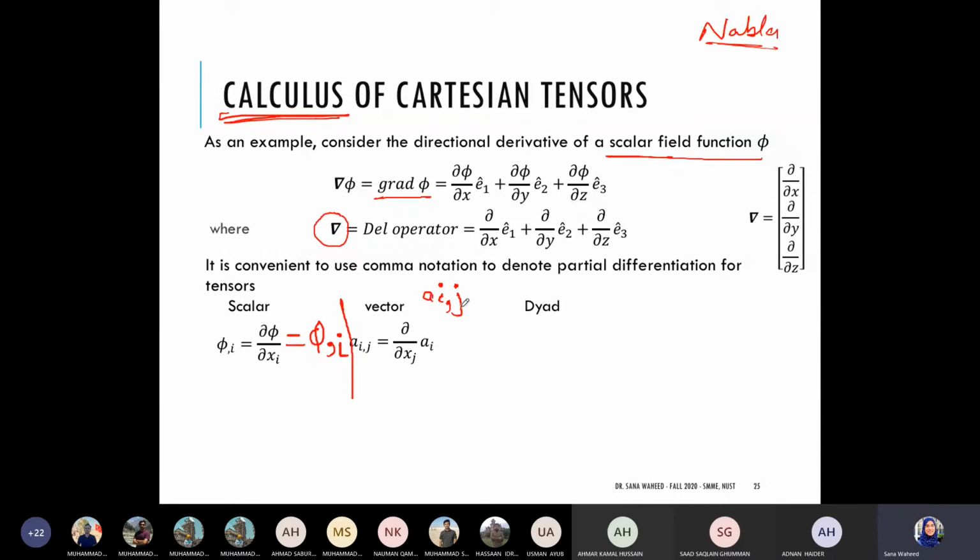ठीक, इसको I do want to expand this out ताकि ये थोड़ा ज़्यादा clear होगा. So this is basically giving me, a_i comma j is a vector a_i differentiated with respect to each of the directions.